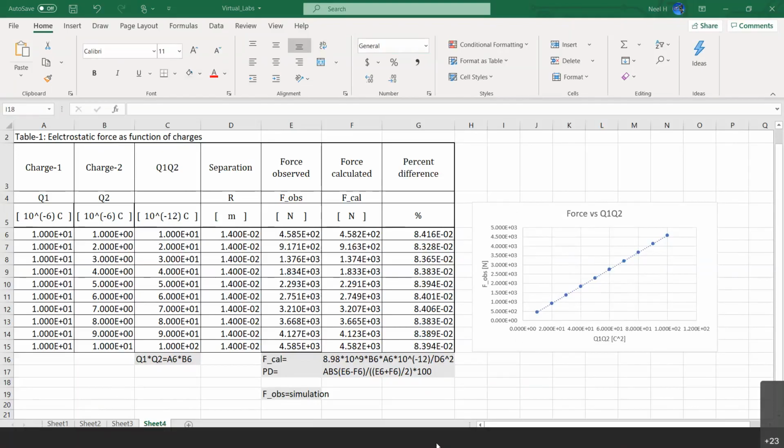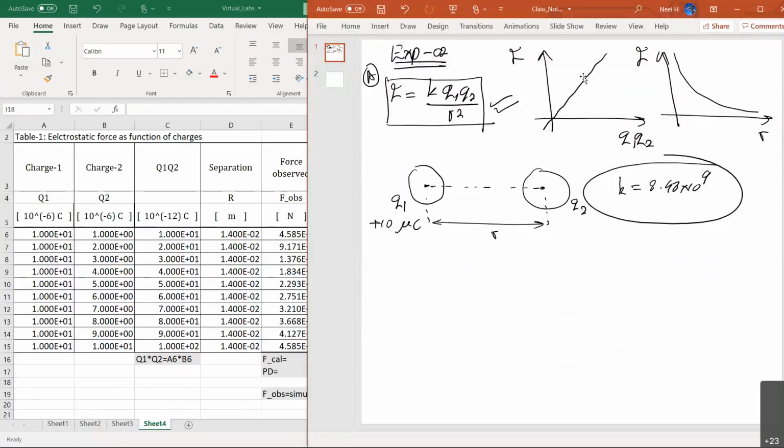Linear behavior means we get the expected behavior, right? So if this obeys Coulomb's law, if I keep R constant, K is a constant, then technically F is directly proportional to Q1 Q2, right? In table 1, K is a constant and R is a constant, these two are constant.